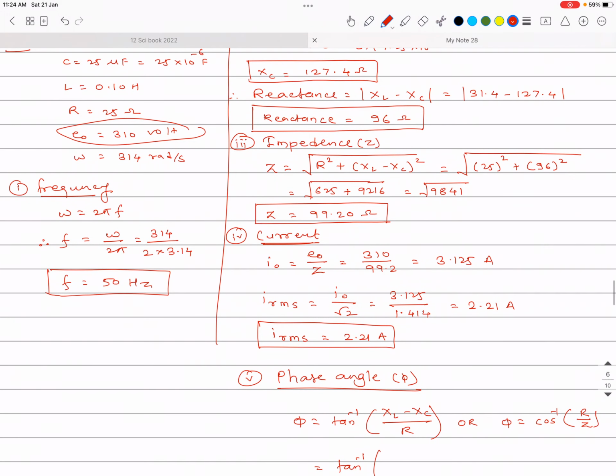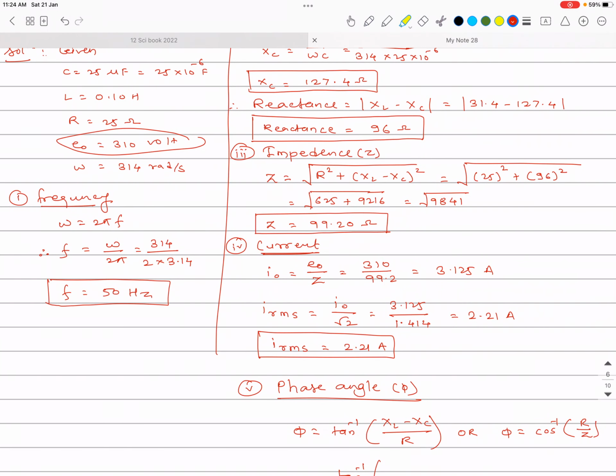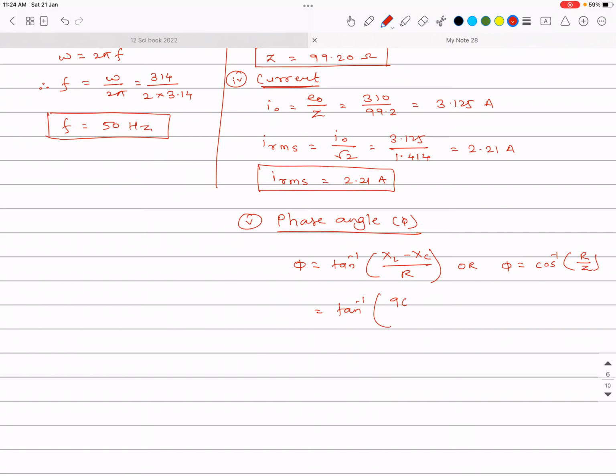XL minus XC we have 96. So we can substitute 96 divided by R is 25. So 96 divided by 25, the division of this is coming 3.84. So tan inverse of this is coming 75.4 degree. So this is a phase angle between current and EMF.